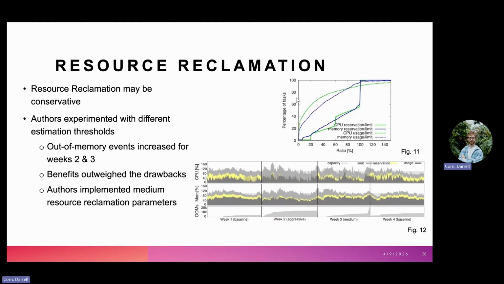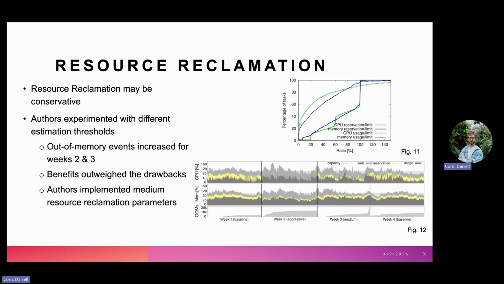And the y-axis is the percentage of tasks, so we can say that about 80% of Borg users here use about 60% of the CPU limit that they request, and they use about 80% of the memory that they request. These hard lines here are showing what Borg is reserving for the task.